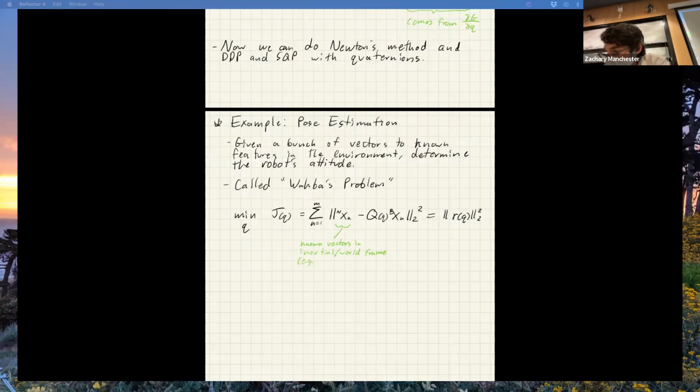So like, e.g. from a map. And then these are the measured vectors in the body frame.